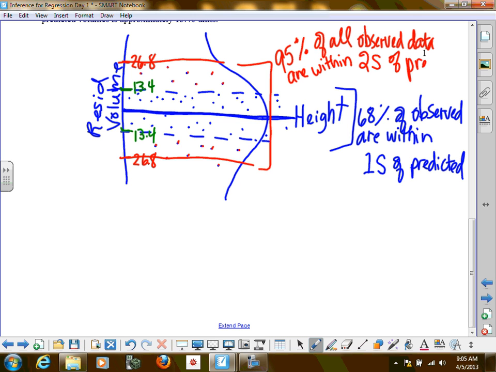The predicted. Good. And then we could take it one step further and do the 3 standard deviations, whatever that value is, and that would be just like hardly any in there. But that is 99.7% of all observed. Okay, so that is standard deviation of the residuals.